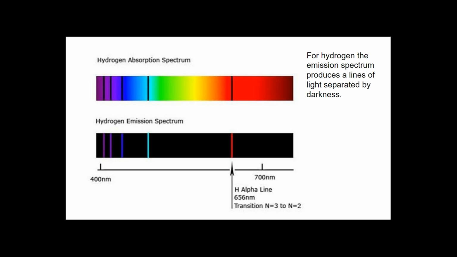But we normally see the emission spectrum, and we can see the lines diverging, that is, becoming further and further apart, if wavelength is increasing. If frequency is increasing, then the lines would converge.